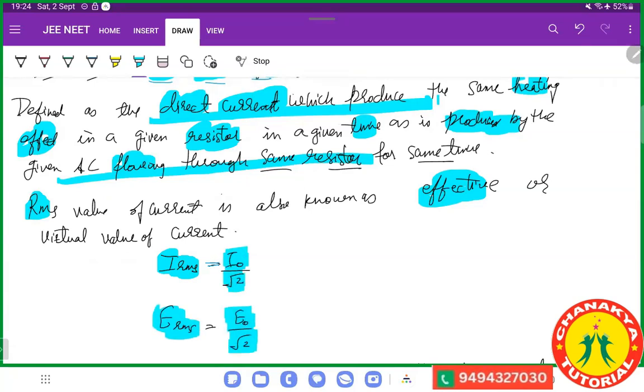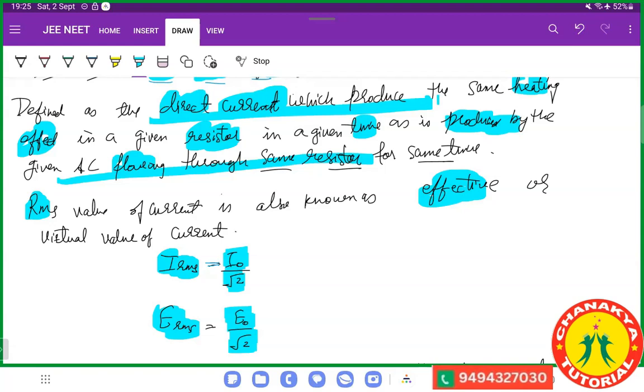E naught is the peak value. I RMS is the root mean square value. Now in questions, there will be so much confusion between mean value and average value, because in questions they will give 20 ampere or say 220 voltage. So what will we take? Either RMS value or peak value. So one thing fix in mind: in whatever question is given, until and unless they mention otherwise, we will take that as RMS value only.